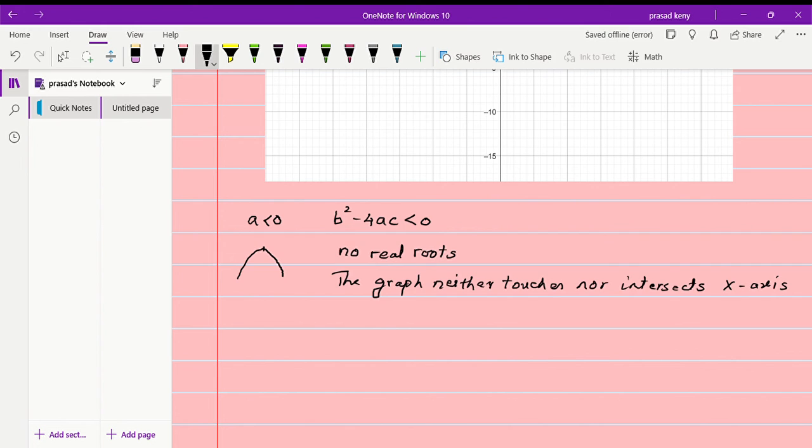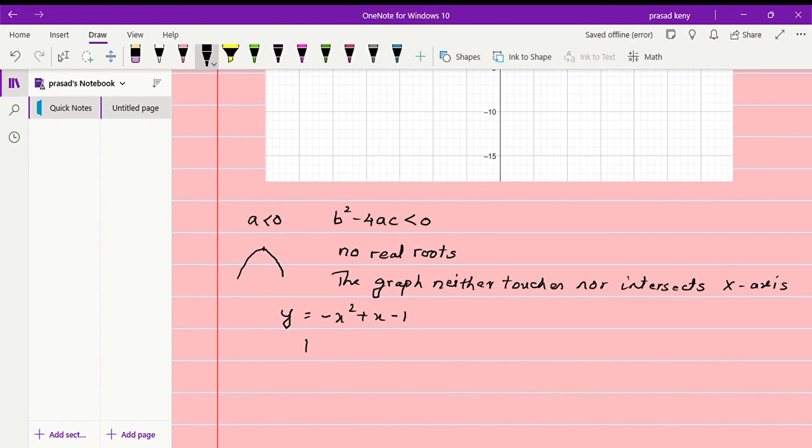So let us take a quadratic function here. Y is equal to minus x square plus x minus 1.